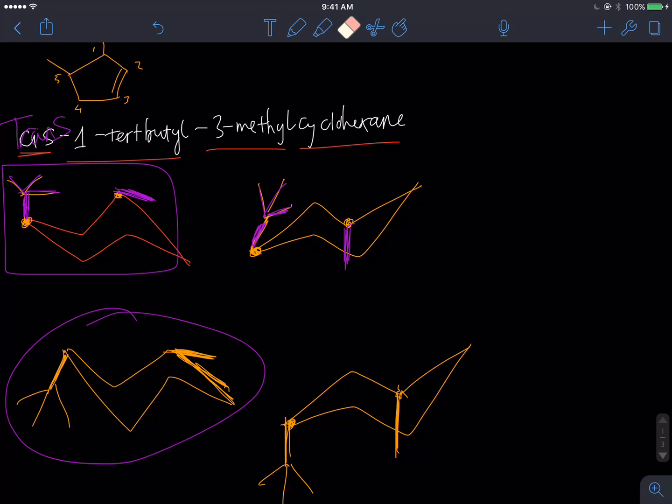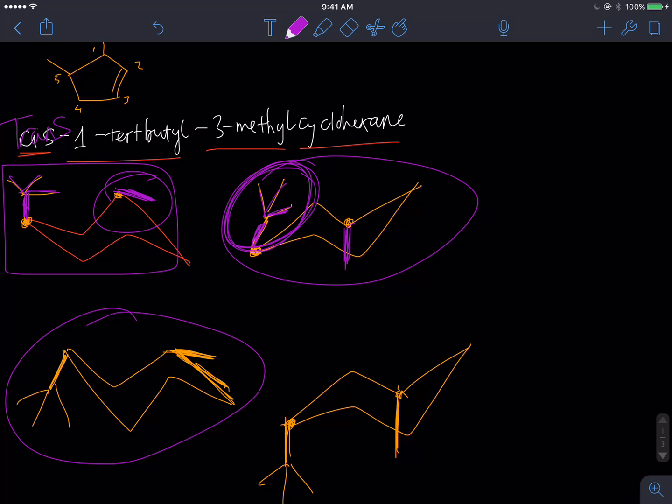This one is still the more stable one because the group that is equatorial has more priority than the one equatorial right here. This one is just methyl, this one is tert-butyl. More priority than the other one. Even though they have an equal amount of equatorial and axial, the one that has higher priority is still the one that is more stable.